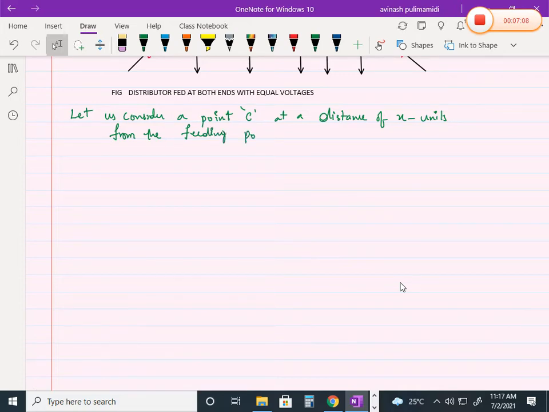What is the feeding point we have taken here? It is A. Let us consider a point C and A.